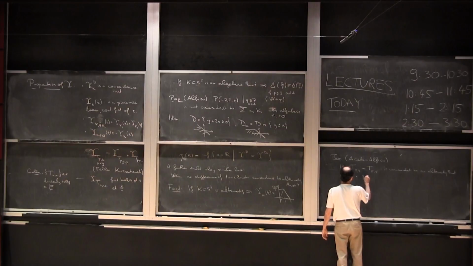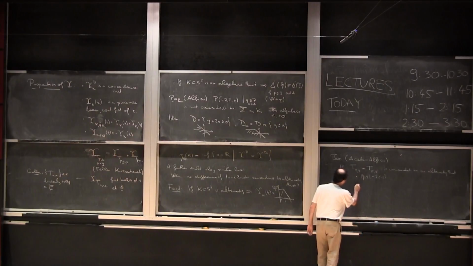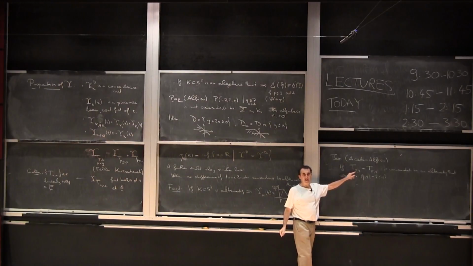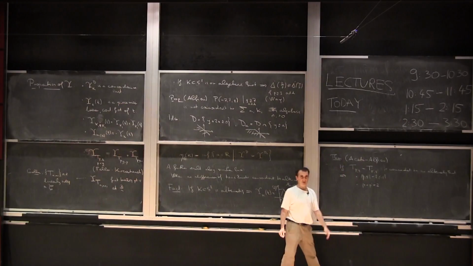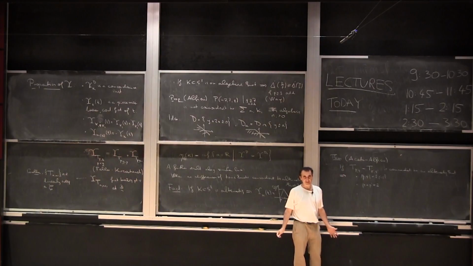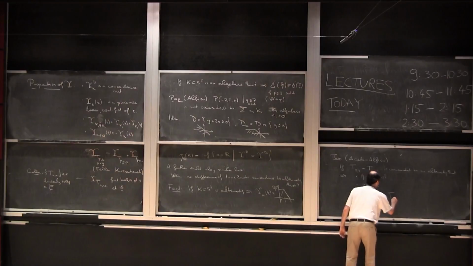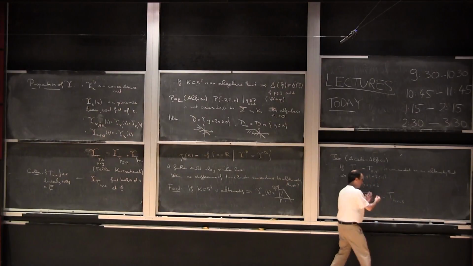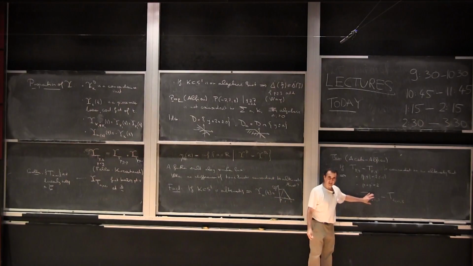So P, Q is the same as P', Q'. Or it can happen that this guy is an alternating knot itself, or P equals P' equals 2. These are the only alternating torus knots. Or, and what you would like to say is that there are no third cases. Unfortunately, there is one case left: some specific torus knots. It's not so interesting at the moment what these are, and you would like to understand how to exclude these. So that's not done yet.